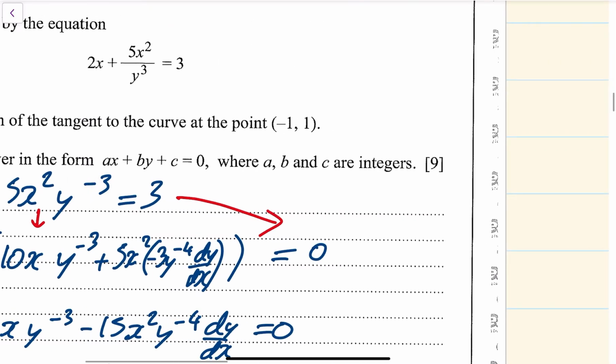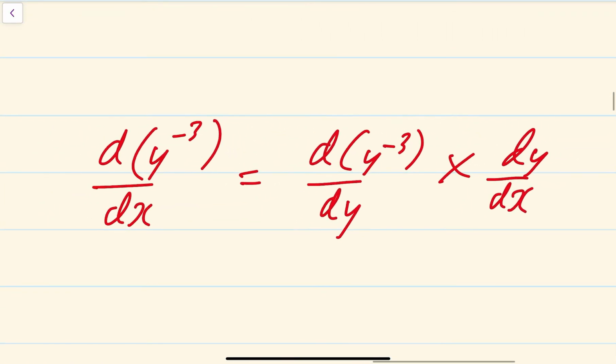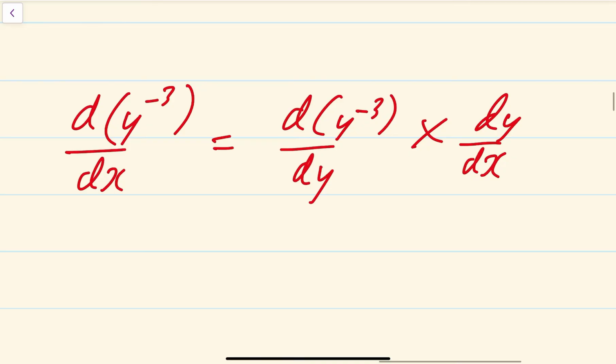Now let's just look at how we would differentiate a y term. If I'm trying to differentiate a y term with respect to x, I'm using what's called the chain rule. I can't differentiate y to the minus 3 with respect to x. So what I've got to do is differentiate with respect to y and then multiply it by dy by dx. This is a very simplistic way of thinking about it, but it's as if they just cancel out and that gives you the result.